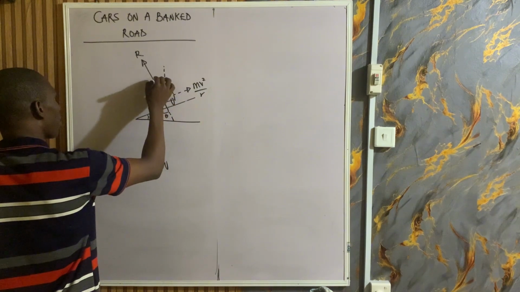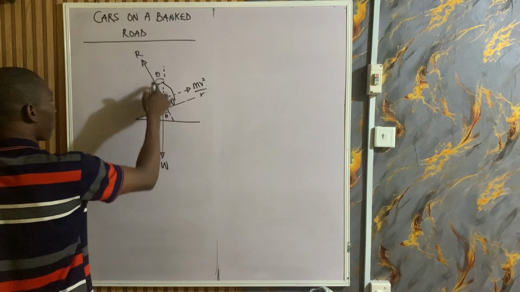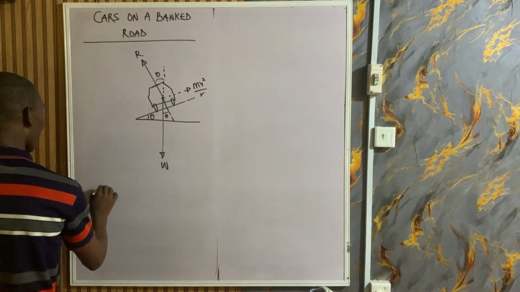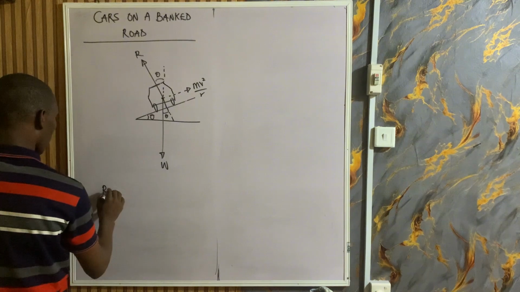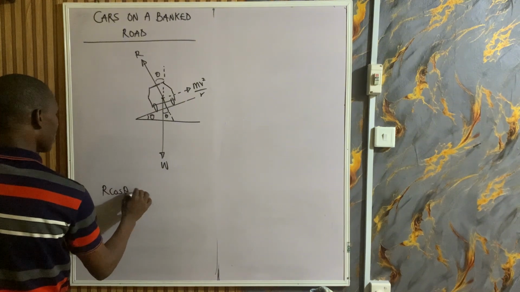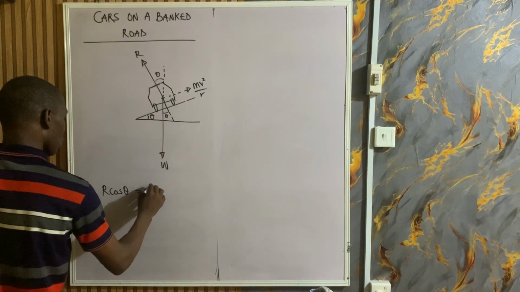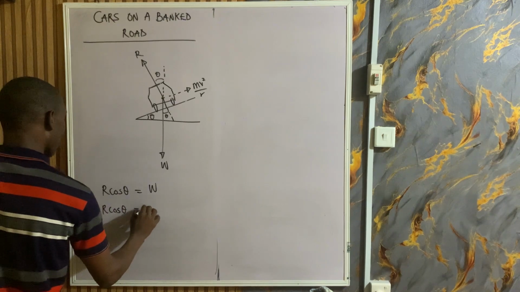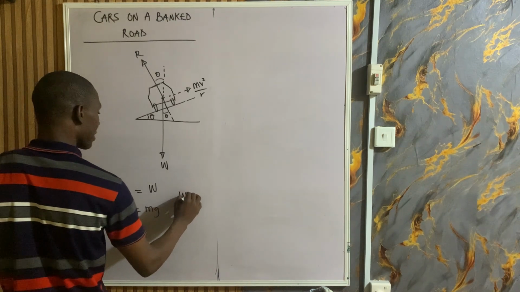And the angle here will also be theta, because this is vertically opposite to this. So if I resolve vertically, I will have R cos theta is equal to the weight of this object. And we can say R cos theta is equal to mg, because weight is mg.